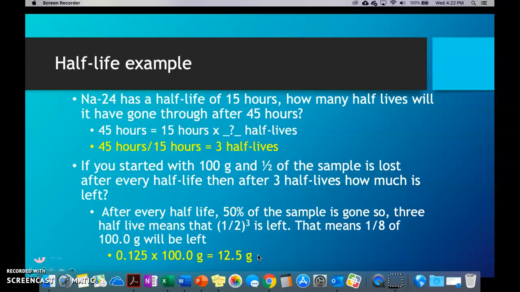After a second half-life, there would be 25 grams. After a third half-life, there would be 12.5 grams. You could do it that way as well. It just would take a little bit longer to get through, especially if you have 5 or 6 or 7 half-lives. But that is the other way in which you can do this.